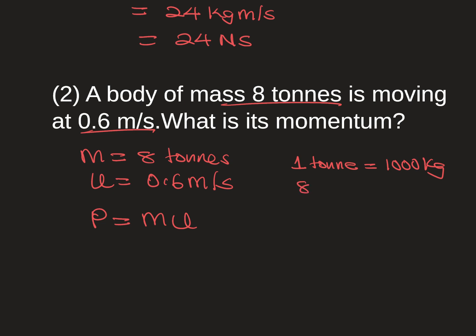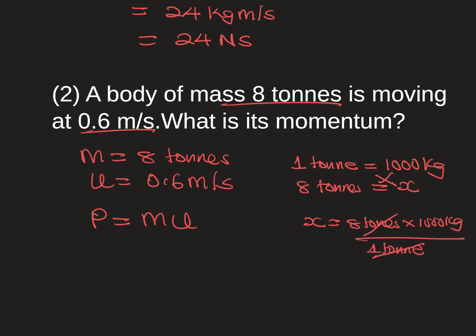So if you have 8 tons, that will be, let's say, X. So when you cross multiply, X will be 8 tons multiplied by 1,000 kilograms divided by 1 ton. So tons cancel tons, which means that will be 8 times 1,000. That is 8,000 kilograms.